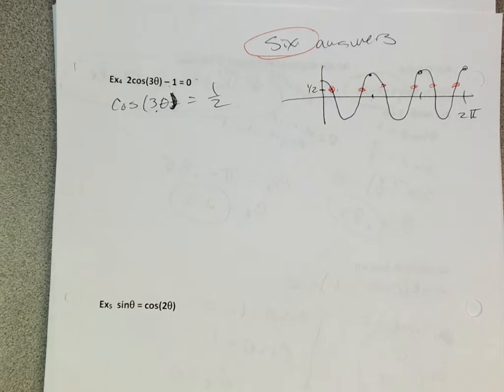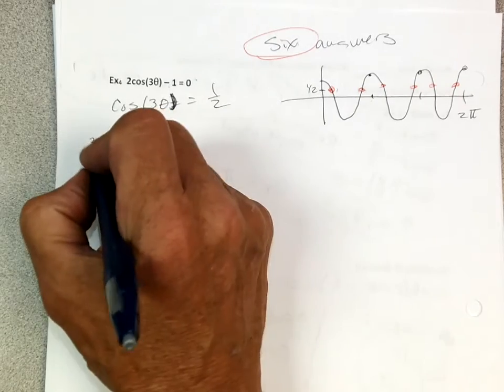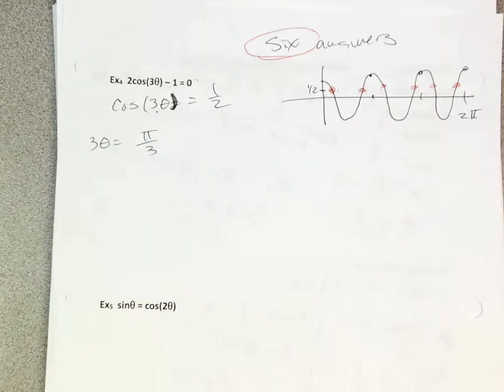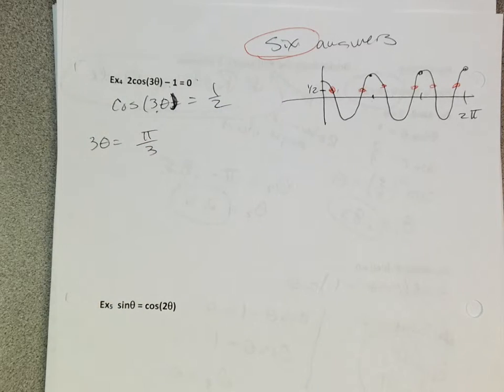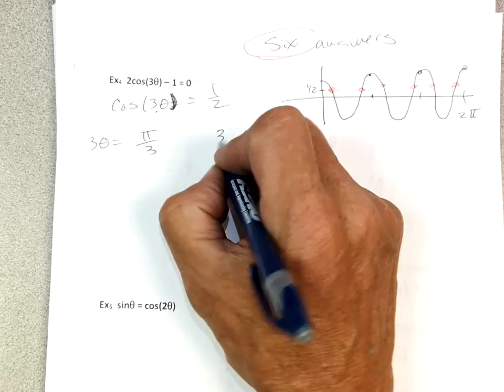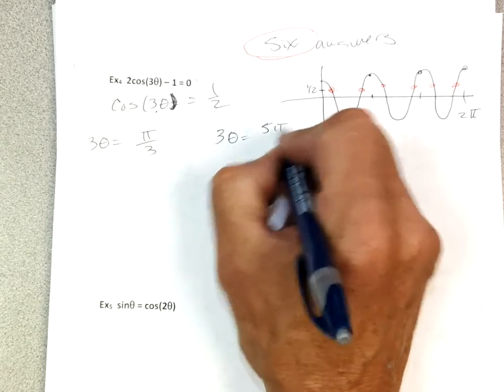I'm going to look at the unit circle and say, when is cosine equal to 1/2? Cosine is the x value. It happens in a couple of places. It happens at pi thirds, so I've got 3 theta equals pi thirds. And it also happens at 5 pi thirds. You guys see it at 5 pi thirds? So I also have 3 theta equals 5 pi thirds.